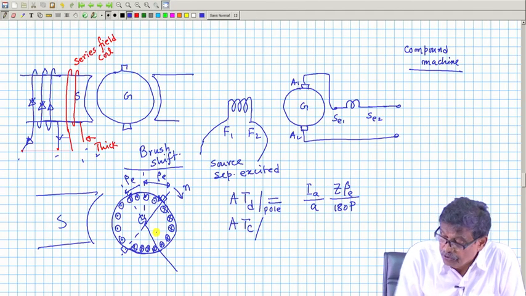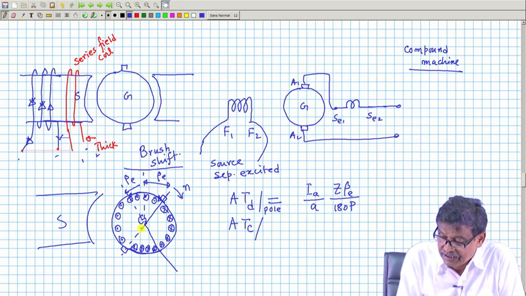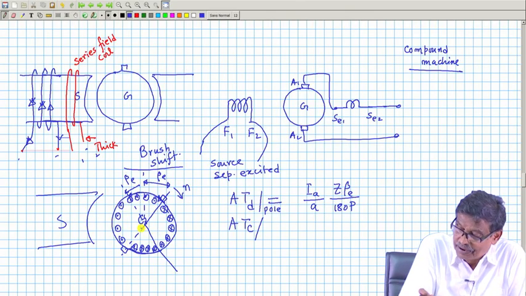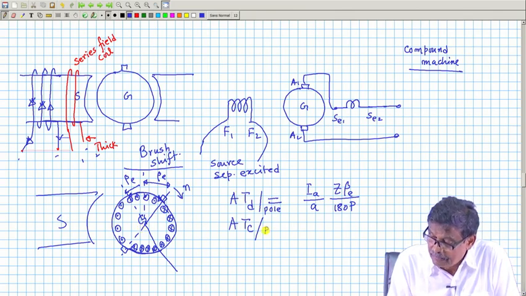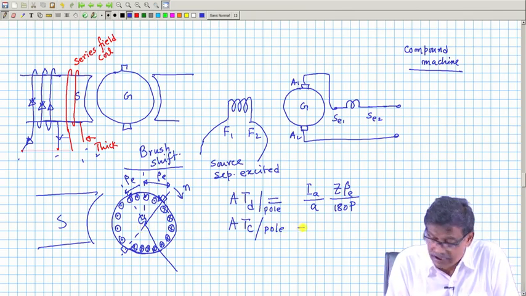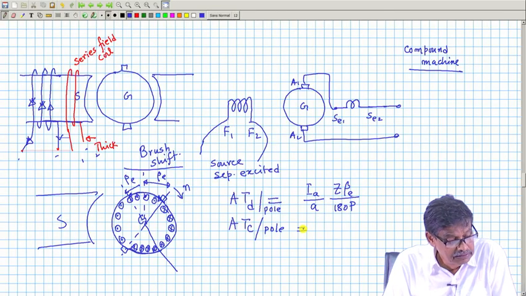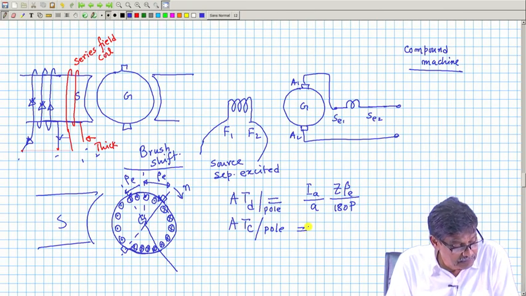And the cross magnetizing ampere turns, this cross, this dot, will produce flux along the q axis; that is the cross magnetizing ampere turns per pole. And this formula I have got to be equal to how much?